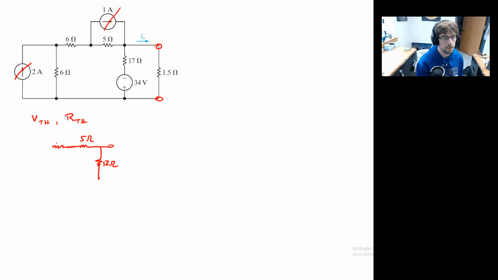And so we have a 6 ohm resistor that we can travel through, another 6 ohm resistor, and then we arrive back at the final terminal. And now we can see this left branch is 17. And so we have two 17 ohm resistors in parallel.